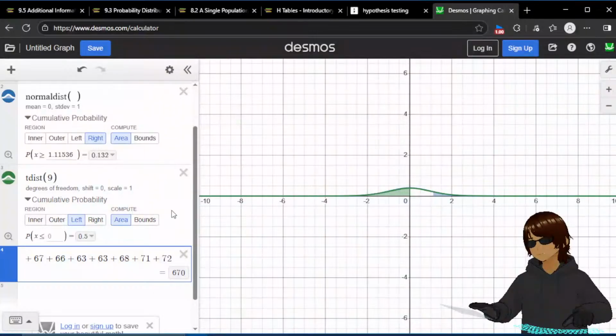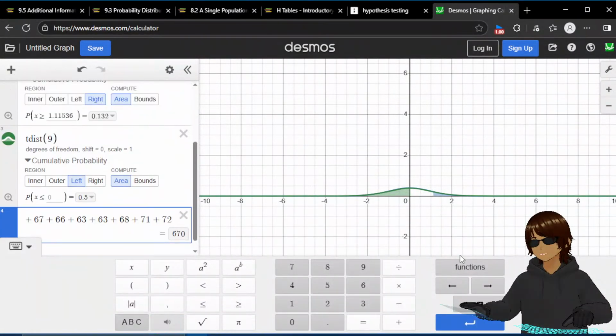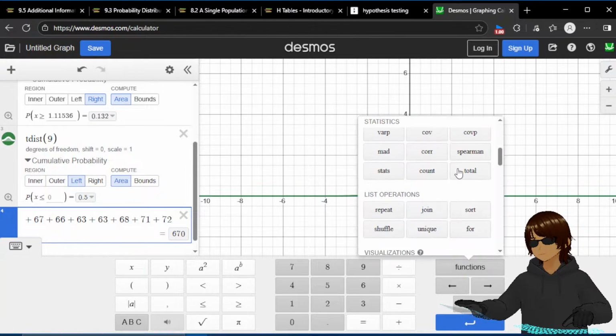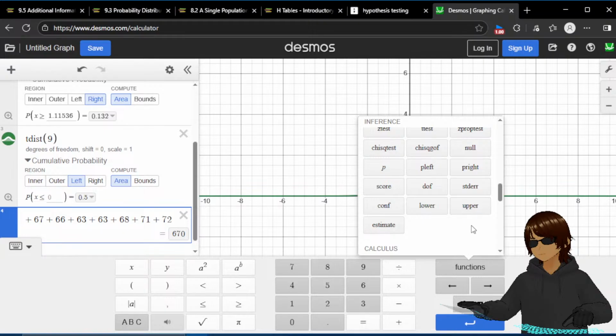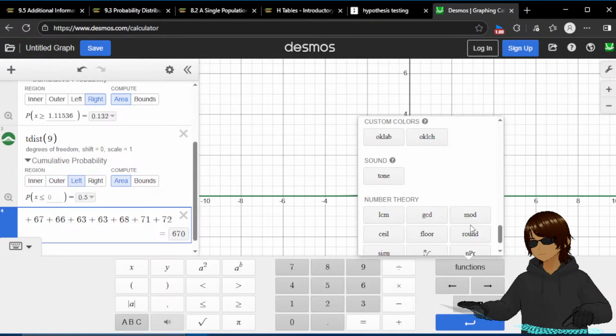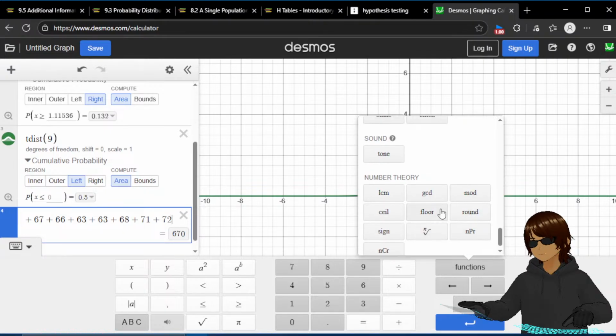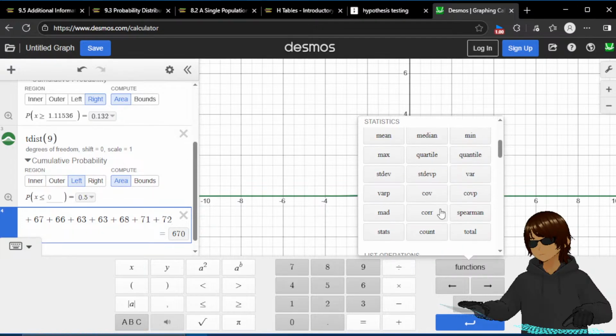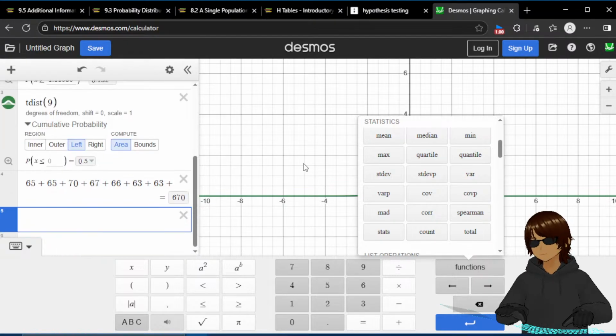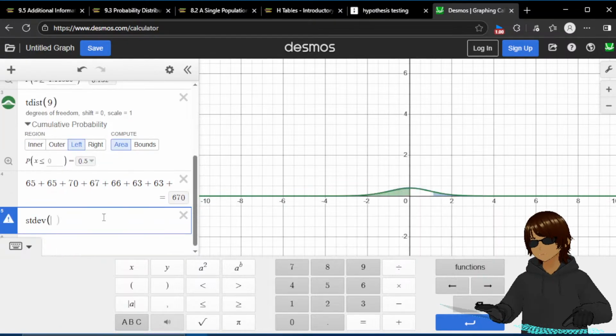So standard deviation. Is there a function for the standard deviation?